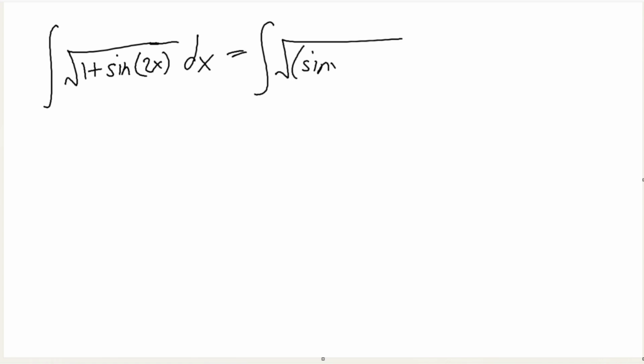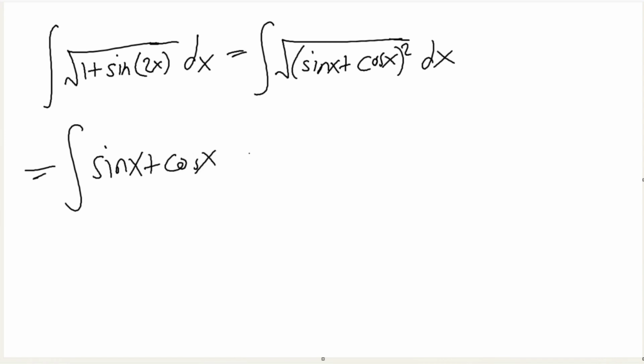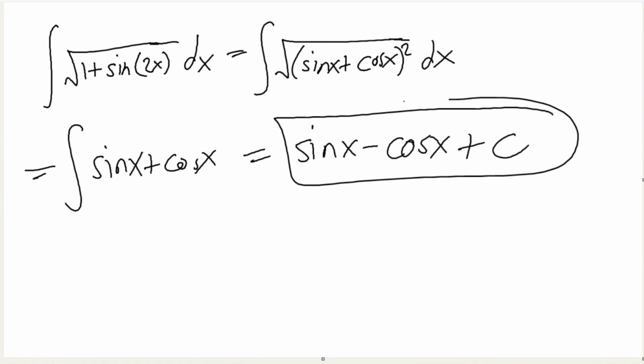Oh, this is sine x plus cosine x squared. The square root gets canceled out, so now this integral is just sine of x plus cosine of x. So now this is just sine of x minus cosine of x plus c. And that's it. I'm done. That's all I have to do. In fact, you could even do this in your head, and it would be that quick.